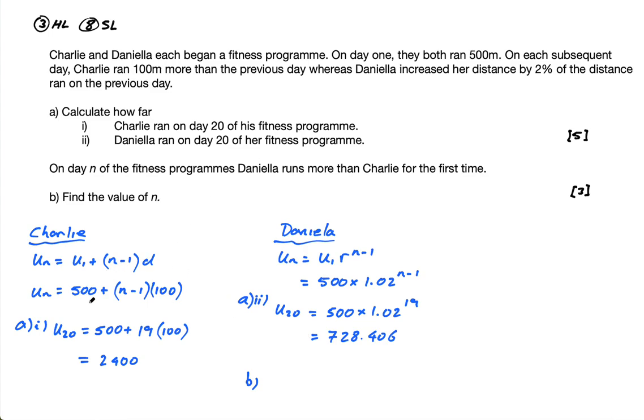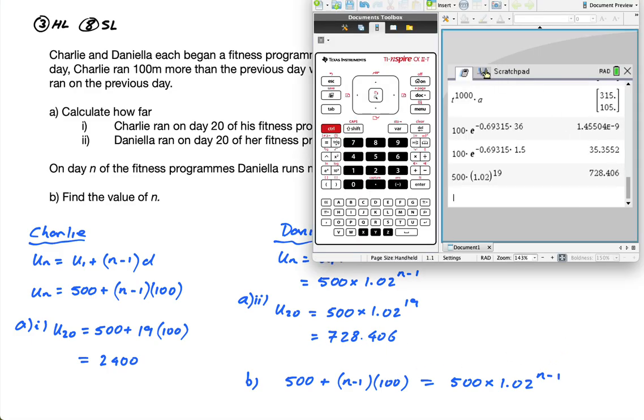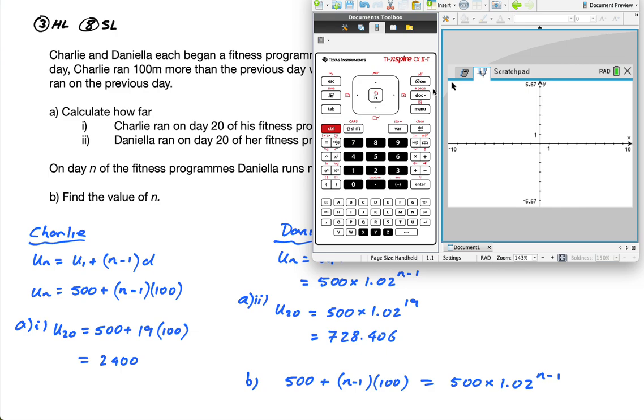For what n will 500 plus (n minus 1) times 100 equal 500 times 1.02 to the n minus 1? Now, a nice way to do this, I think, is to actually graph them both, so you can get a good image of what's happening.